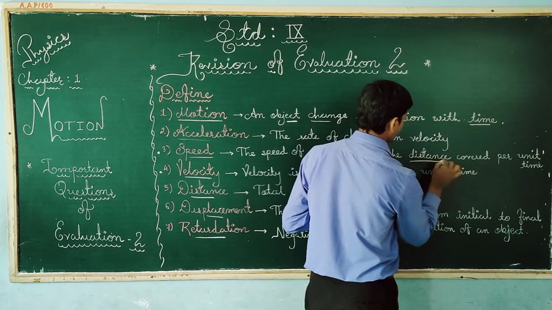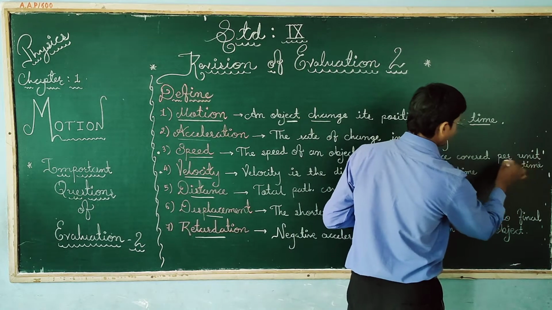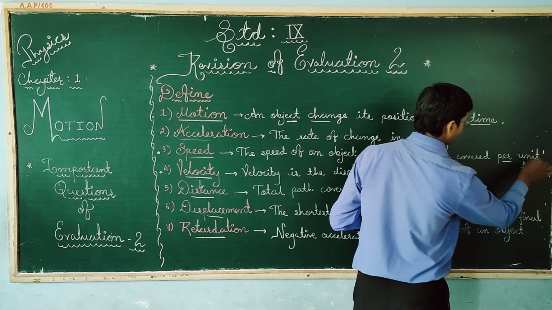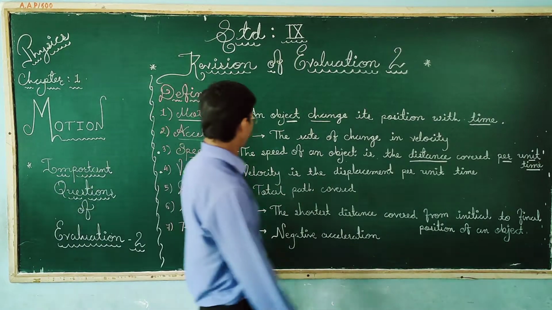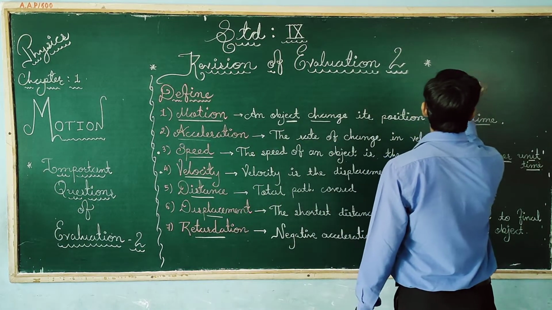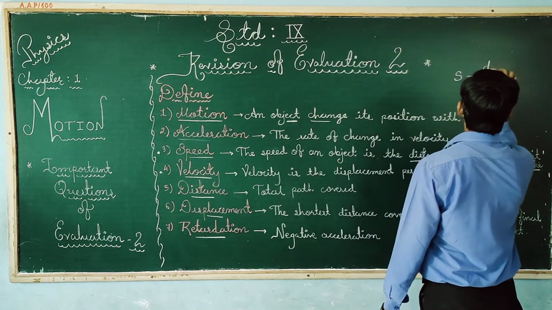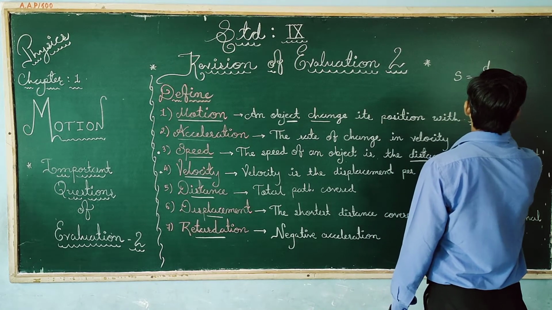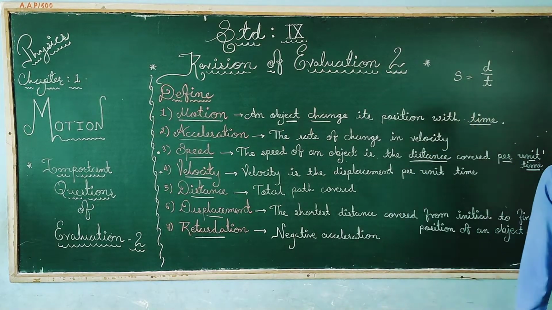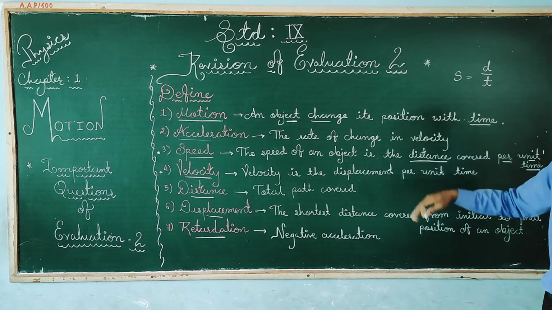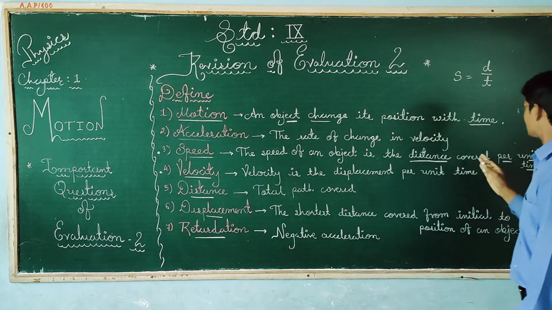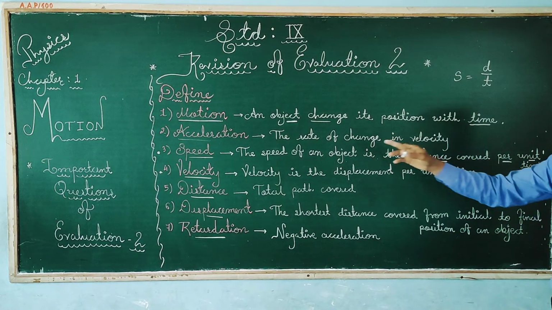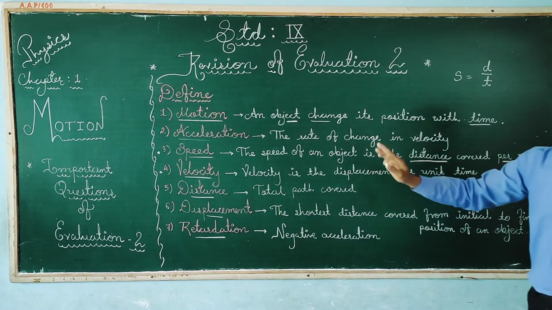Distance per unit time. Like that also we can define. So the speed of an object is the distance covered per unit time. We define that as speed.